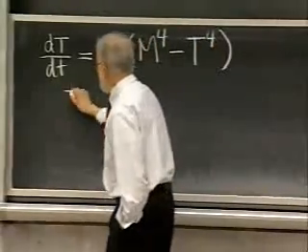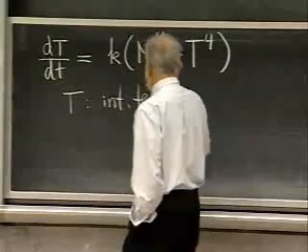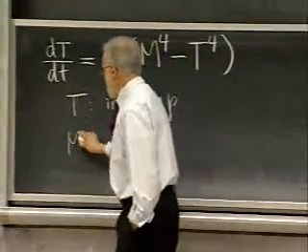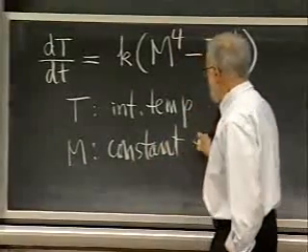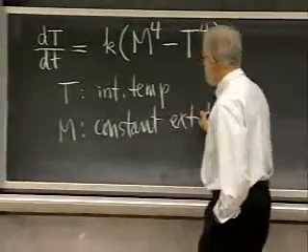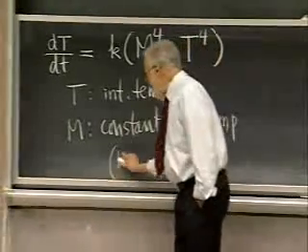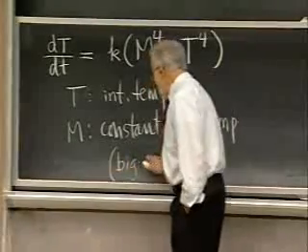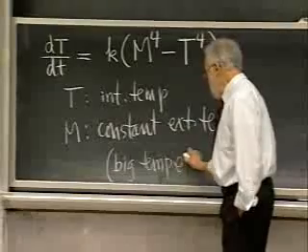So T is the internal temperature, the thing we're interested in, and M is the external temperature, which I'll assume now is a constant. So this is valid for big temperature differences, where Newton's law breaks down and one needs a different one.